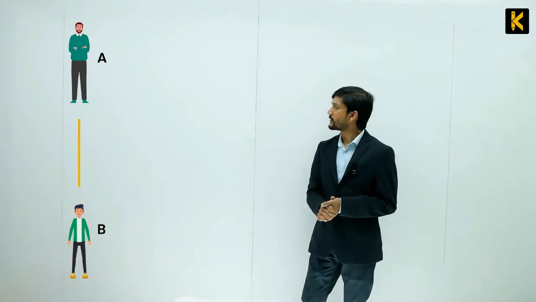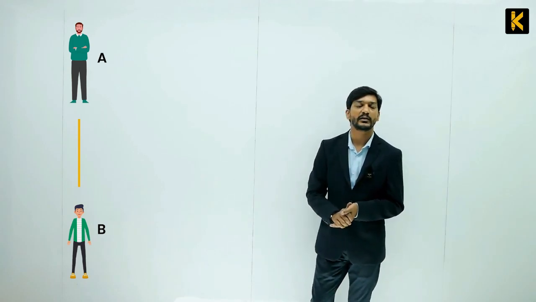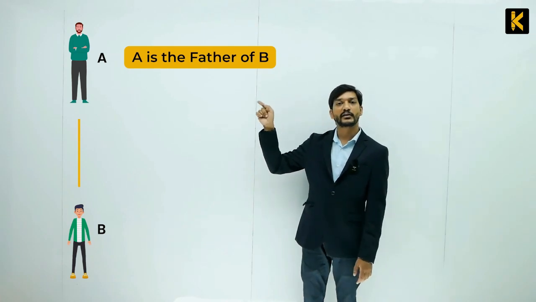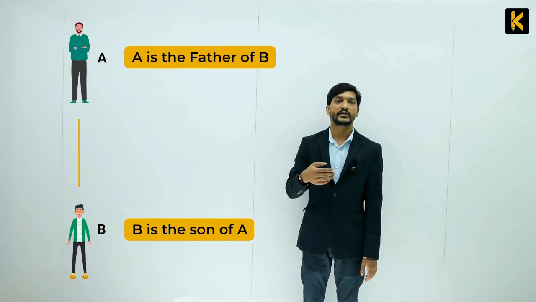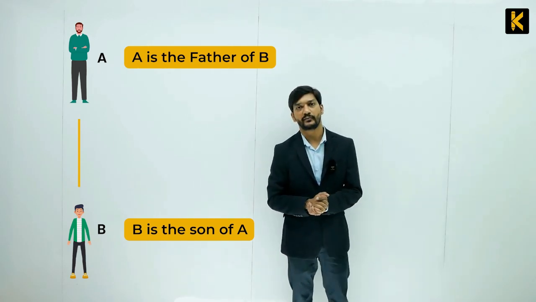You will say, sir, the only relation I can think of is father and son. Father belongs to the higher generation, so A is the father and B is the son. So this is a father-son relationship diagram.